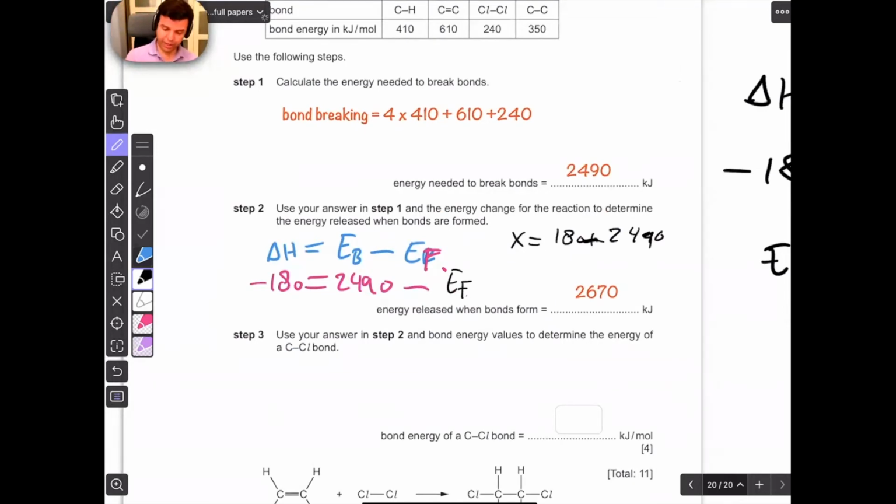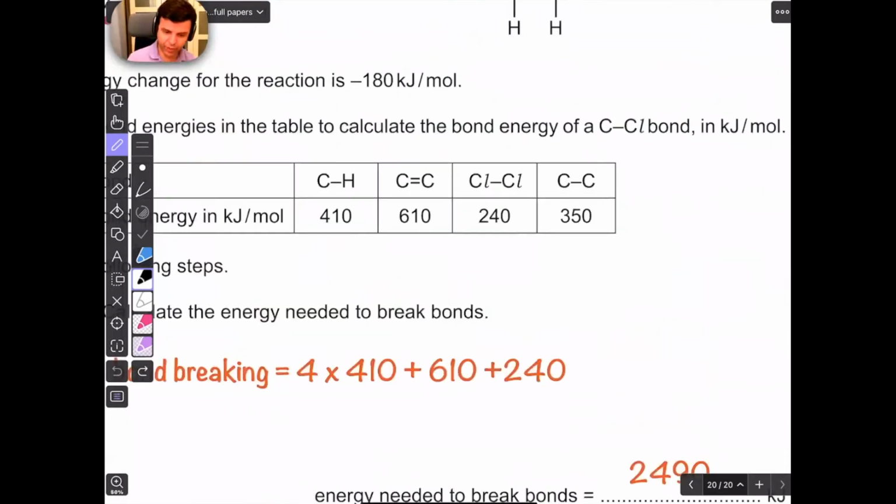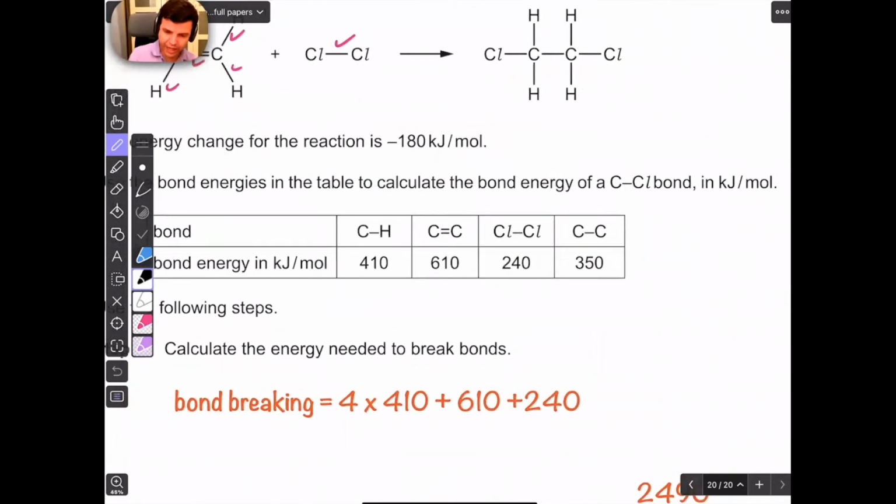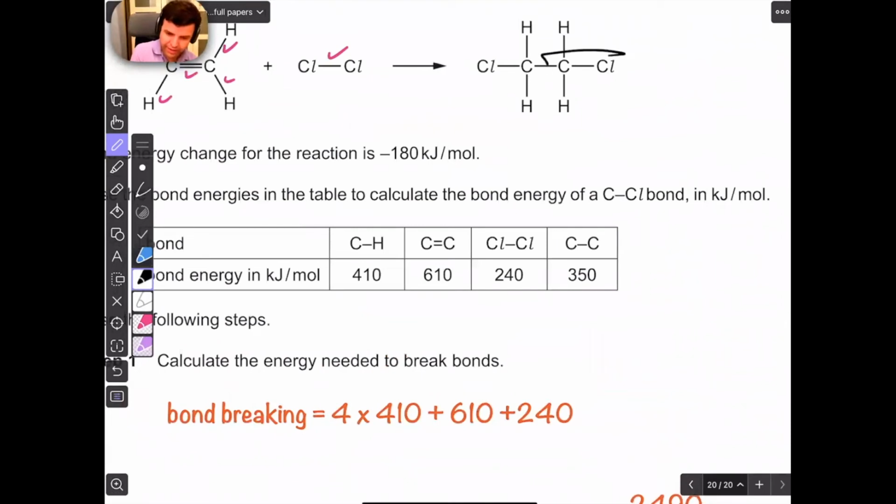If you got the final one wrong, you would still get marks for the previous steps. Is that what you meant? No, sir. I meant to work out the energy released when bonds are forming, could I have done the same thing you did for the first one, just adding? You can't. Why? Because this one is missing. We don't have this value. CCl is not there. Oh, okay. That's why they wanted you to work it out.